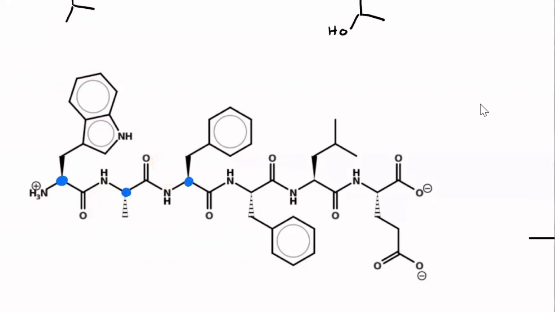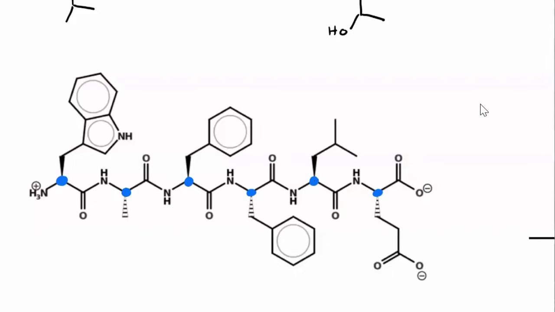Then I have another alpha carbon. Then I have an amide group. Then I have another alpha carbon, amide group, alpha carbon, amide group, alpha carbon. And we can observe that this is where we end with C double bond O minus. So that's where our peptide ends.